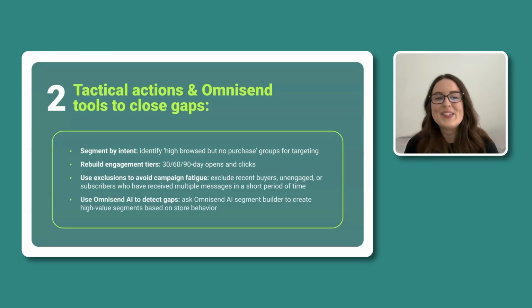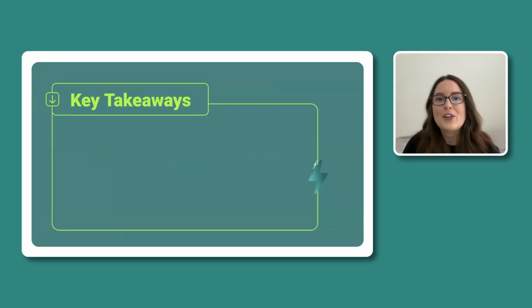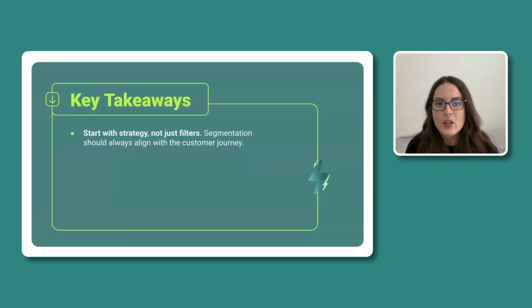And then also use Omnisend AI to detect those gaps. So ask our AI segment builder to create high value segments based on your specific store's behavior. So your key takeaways: start with strategy, not just filters. Segmentation should always align with the customer journey itself.